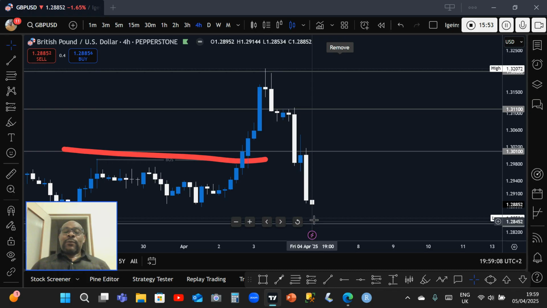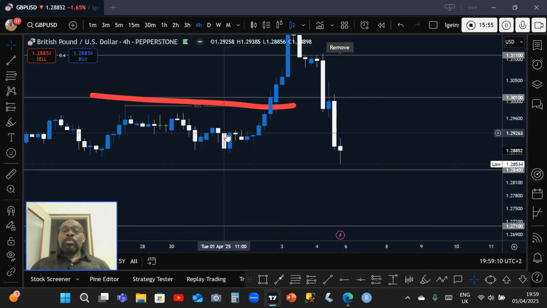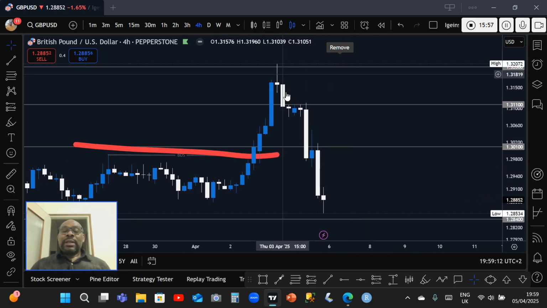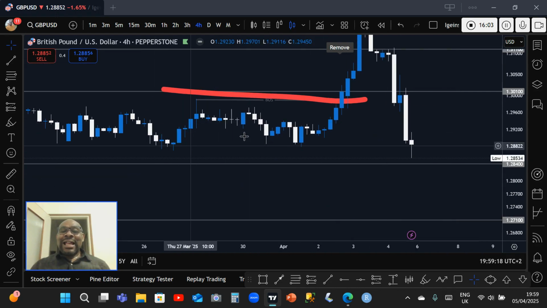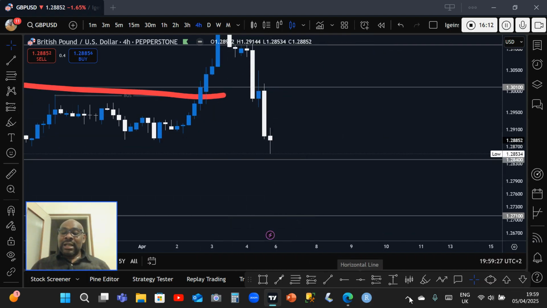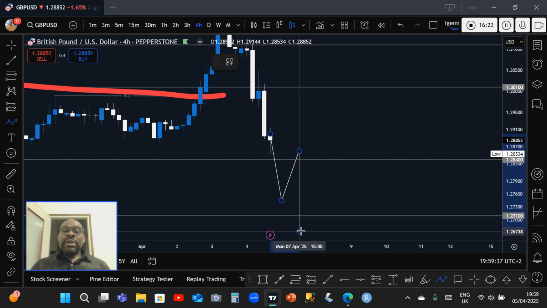Even though what we experienced on Friday is a bearish trend, this is the last support here. This is the last support that needs to be broken. And once this last support is broken and price pushes to the downside, once price breaks this support, retest this support, then we are fully bearish.